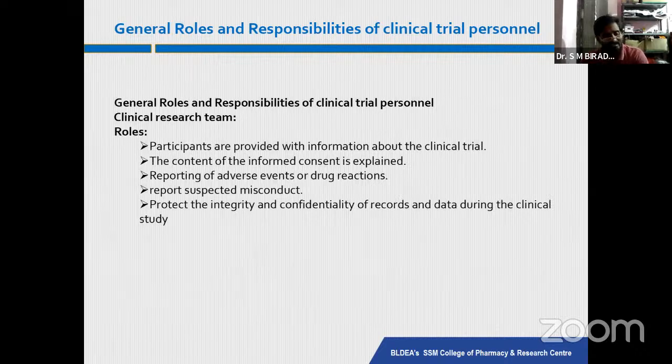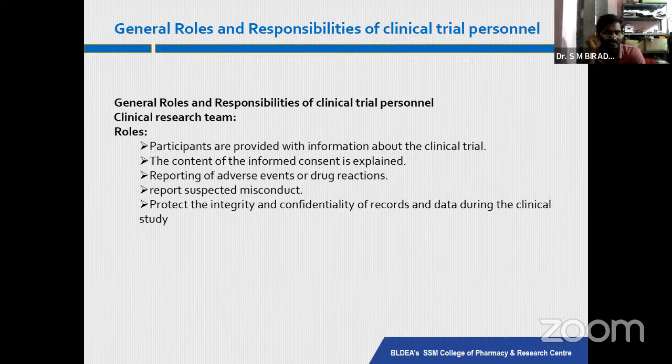So what is the general role and responsibility of this whole team? The participants are provided with full information about the clinical trial. As I said, the patient's informed consent is to be taken.